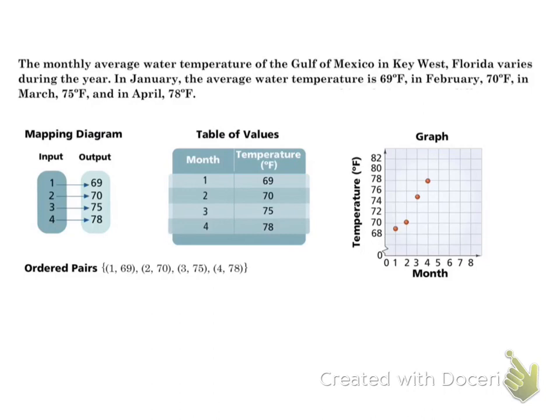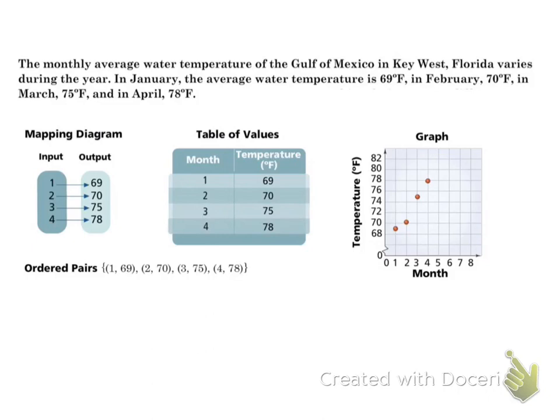And in April, 78. And so I can draw an arrow from 1 to 69, because in January it was 69 degrees. In February, I can draw an arrow from the 2 to the 70 to represent that relationship.